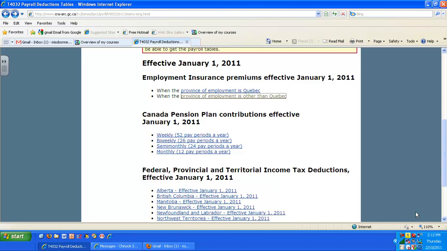The next payroll tax deduction we are going to discuss is going to be Canada Pension Plan. You will see that there are 4 different types of pay periods which were discussed in your payroll notes. Weekly means you get paid 52 pay periods a year, so every week.